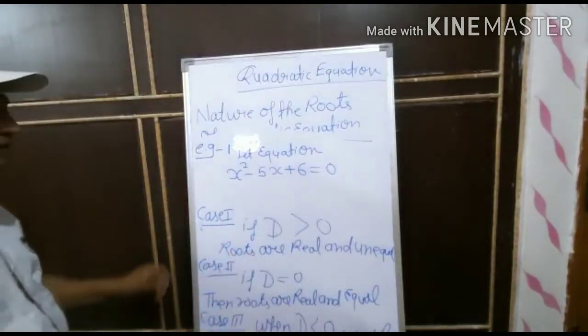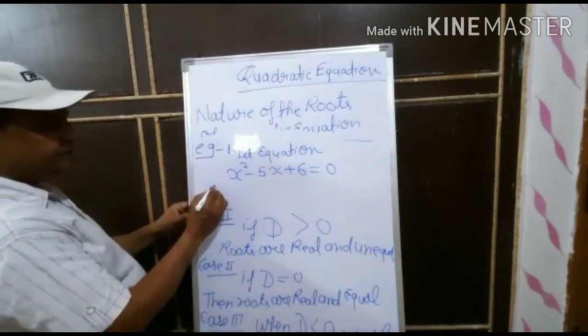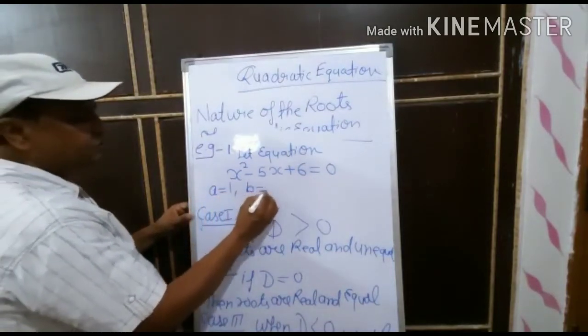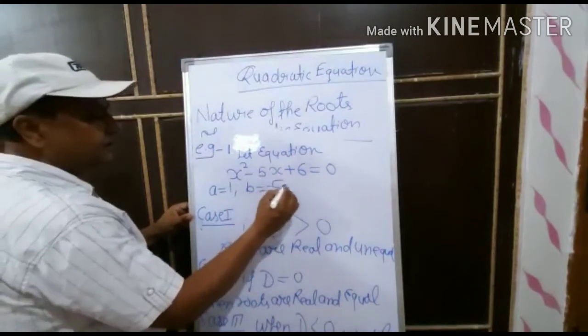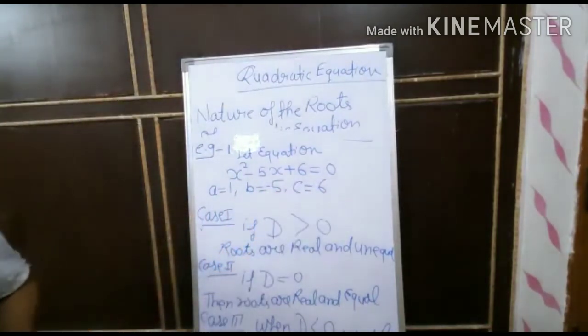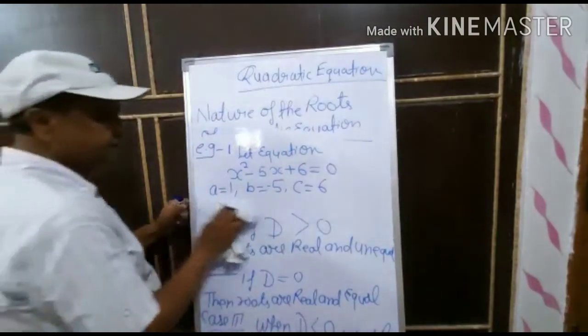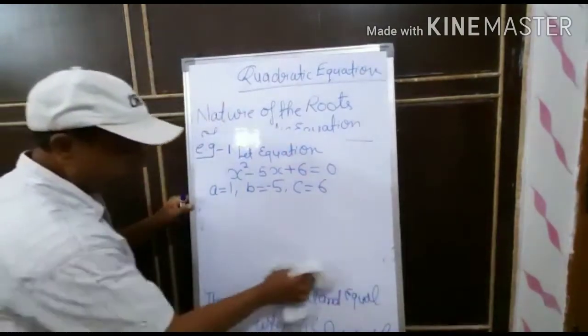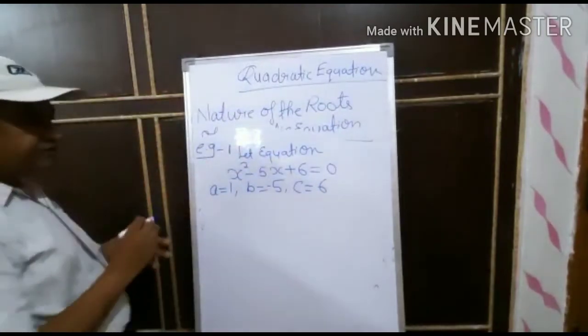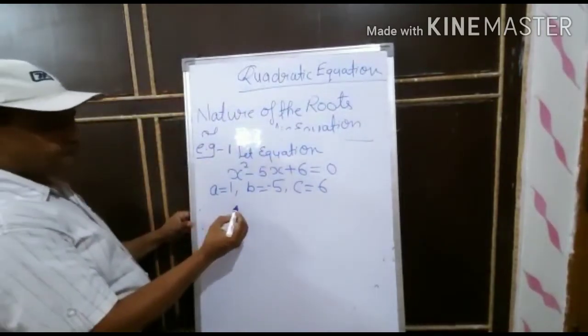Now we compare and find the value of a, b and c. So here a is equal to 1, b is equal to minus 5 and c is equal to 6. Now first find the value of D.